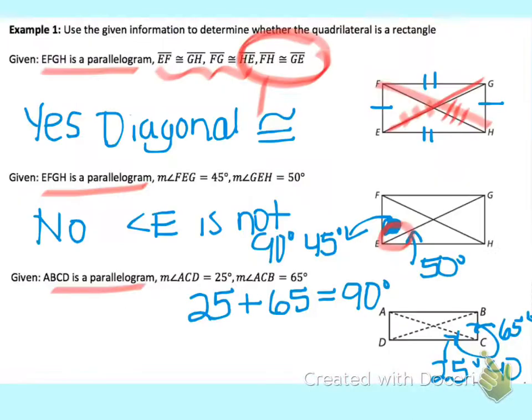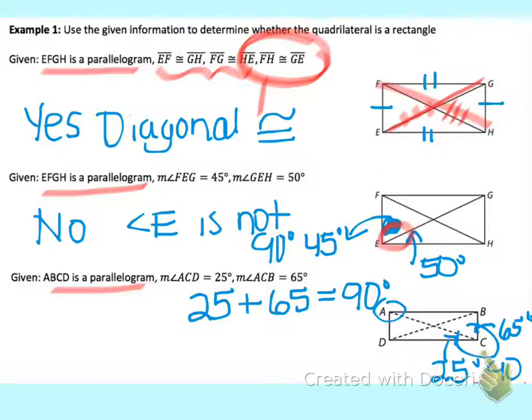And the reason why one 90 degree angle is enough, I know that doesn't feel right because you're like, oh no, the definition of a rectangle is four right angles. But the reason why is we already know this is a parallelogram, so if this angle is 90, then A would have to be 90 because that's the opposite angle in a parallelogram, right? And then B and D would also have to be 90 in order to add up to 180 degrees.